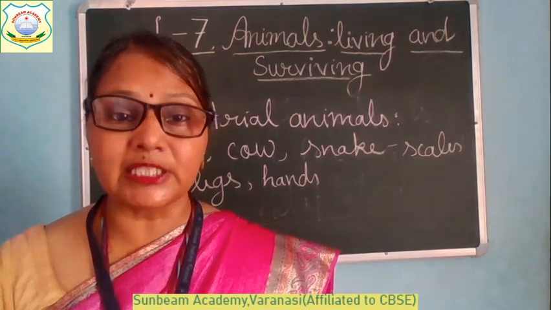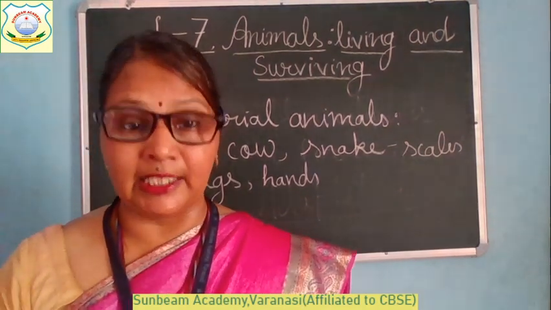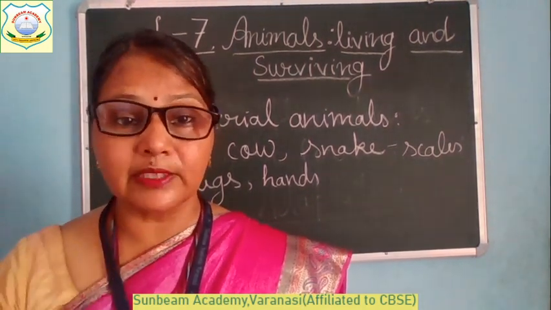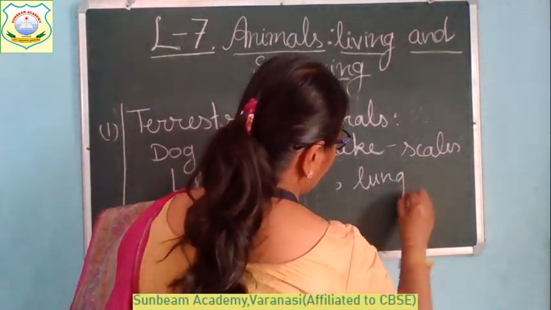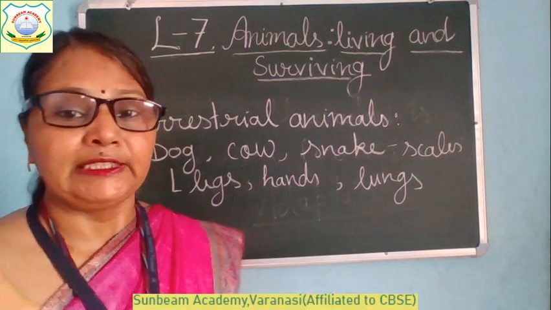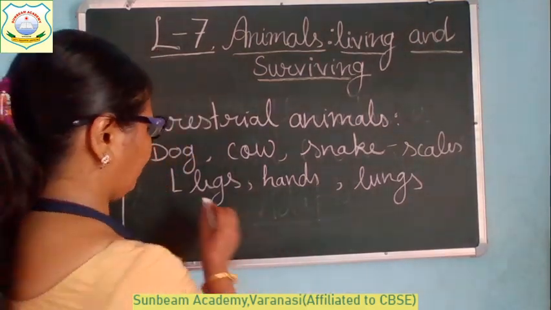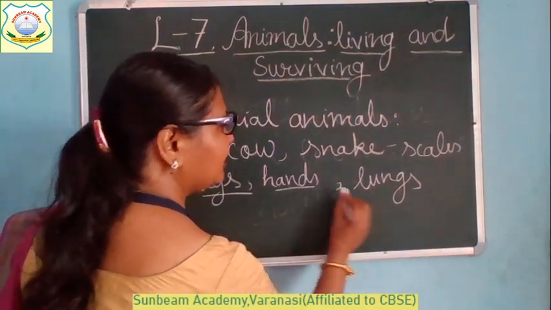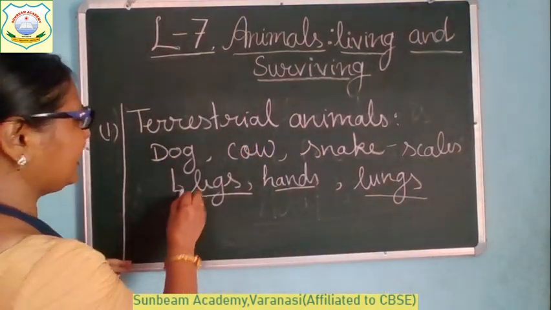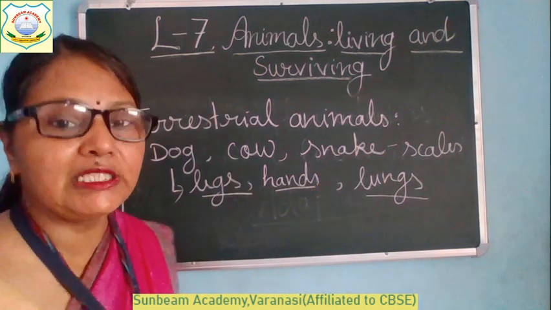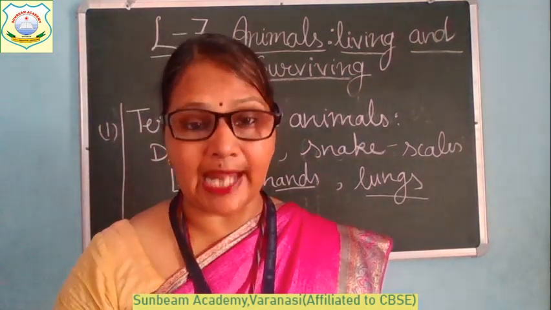And some animals like insects live on land, they have air holes. किससे ये ब्रीथ करते हैं? With their lungs. Okay, these are the special adaptations. इनके legs होते हैं, इनके hands होते हैं, इनमें lungs होता है ब्रीथ करने के लिए. With the help of these things, these terrestrial animals can live on land.